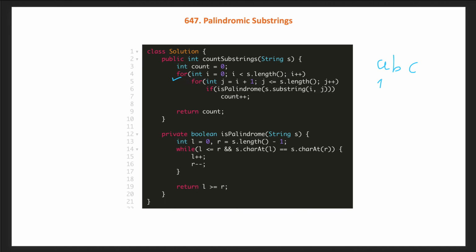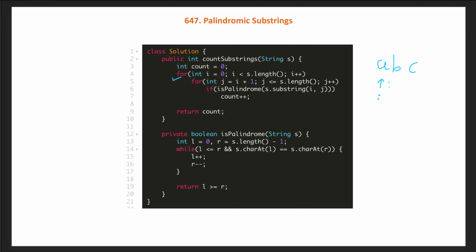First we start i from here, then we start j from index i plus 1 up to the length, because the substring method doesn't include j, it cuts the string from i to j minus 1 index. So initially i is 0, j is 1, so we get this first. Similarly, when i is 0 and j is 2, we get these 2 characters.